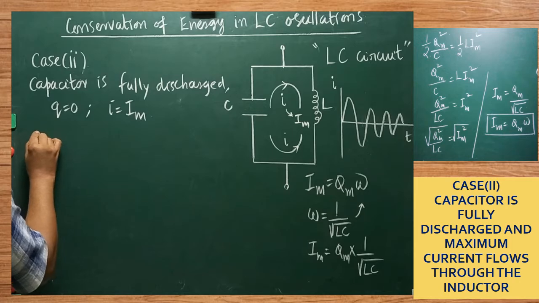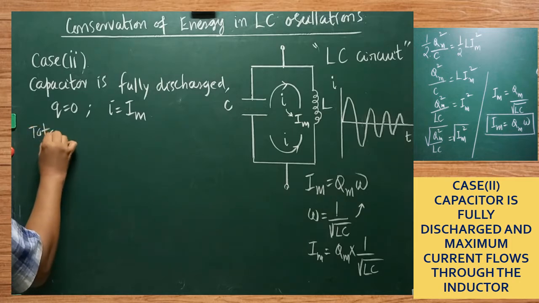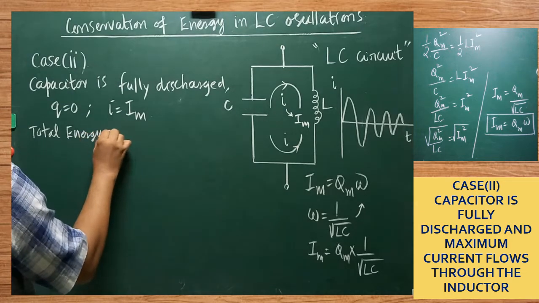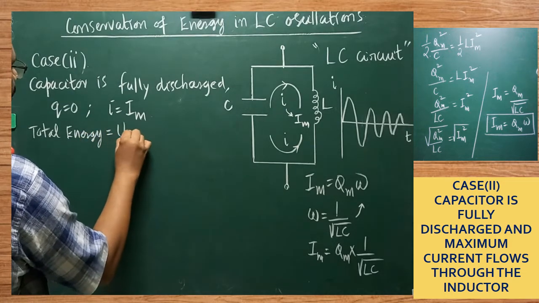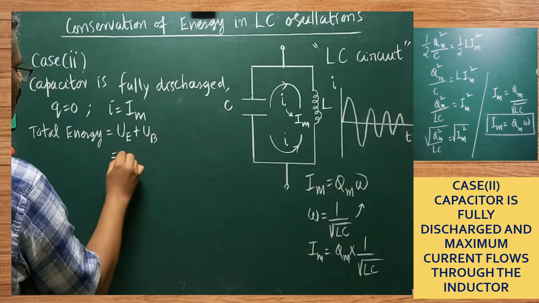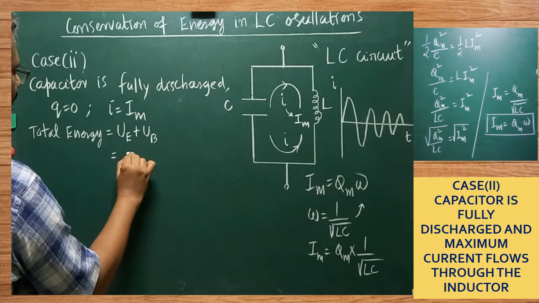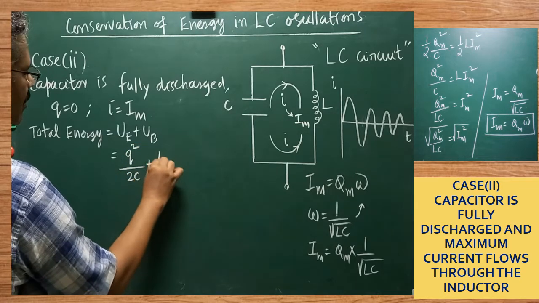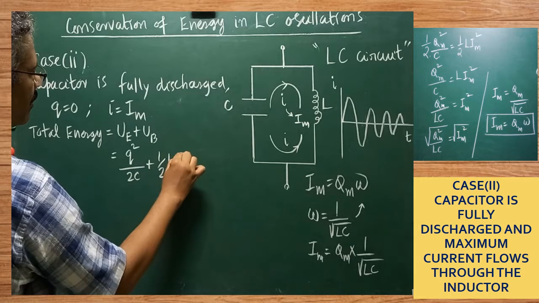So what is the formula to calculate the total energy? Total energy in the system can be written as UE plus UB, which is equal to, we know the formula already, Q square divided by 2C plus half Li square.